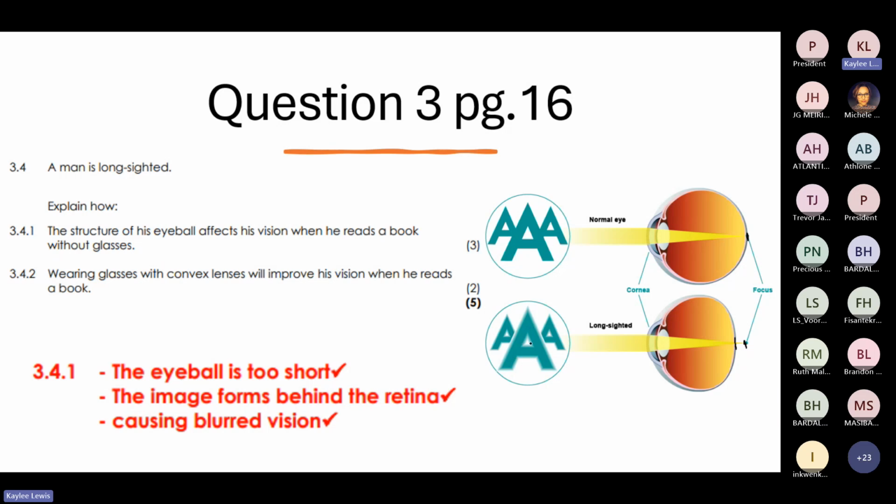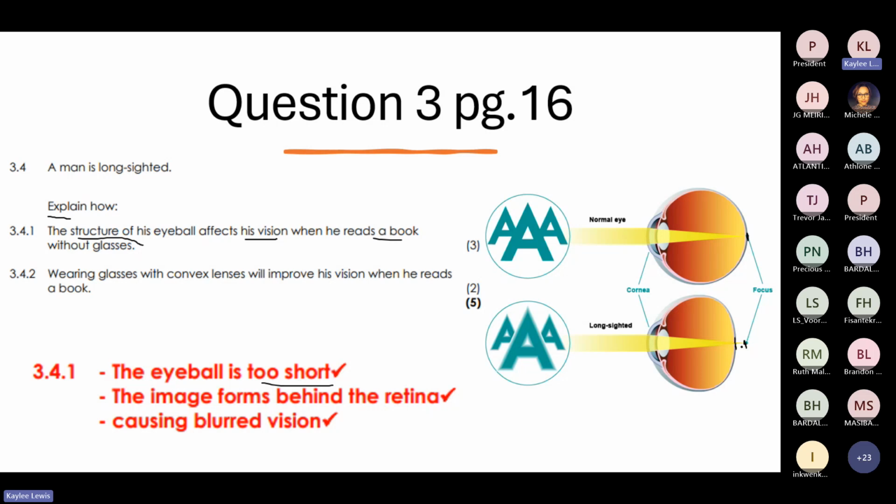All right, so how do we explain it? So I just want to underline the key words. So just explain how the structure of the eyeball affects the vision when he reads a book. All right, so the structure of the eyeball. So firstly, you're going to say that the eyeball is too short. Remember I said you cannot talk about the lens because that was not the question. So you start off by saying the eyeball is too short. Therefore, what happens?